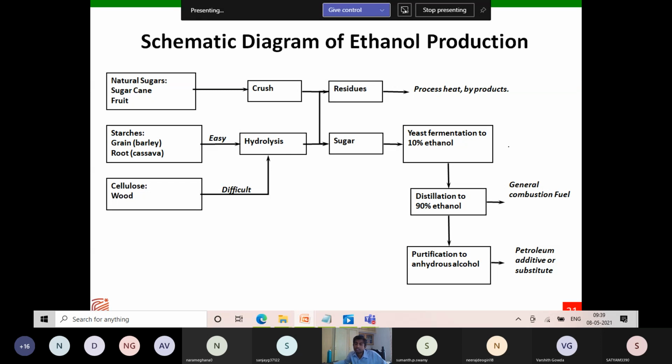Then it is subjected to distillation, where we get 90% ethanol, and this can be utilized for general combustion fuel. It can also be further purified to get anhydrous alcohol and mixed with petroleum products, so that our dependence on petrol is reduced.